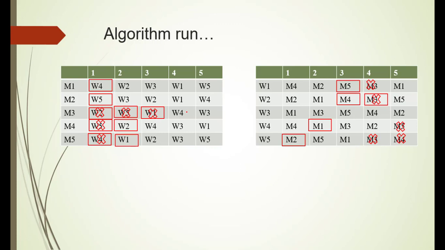Next, M3 proposes to W4, but W4 is already engaged to M1, and M1 is more preferable than M3. So next, M3 proposes to W3. W3 doesn't have any offer from any man yet, so she accepts the offer from M3.